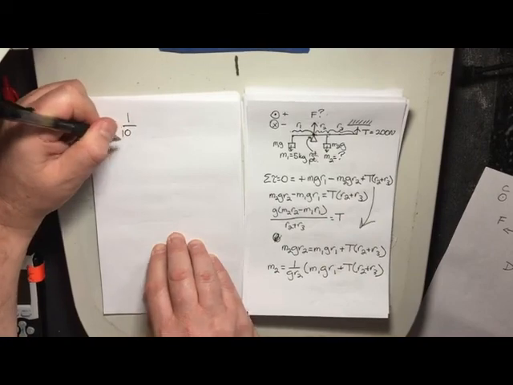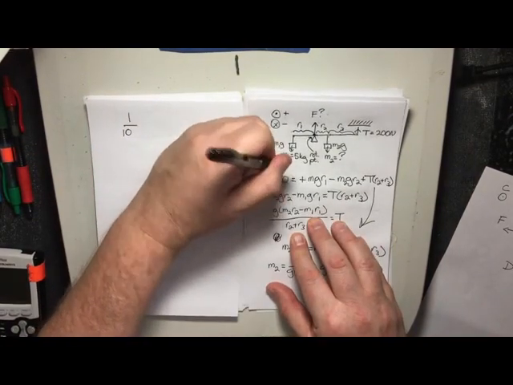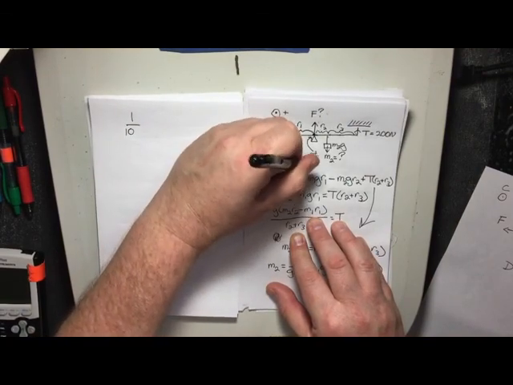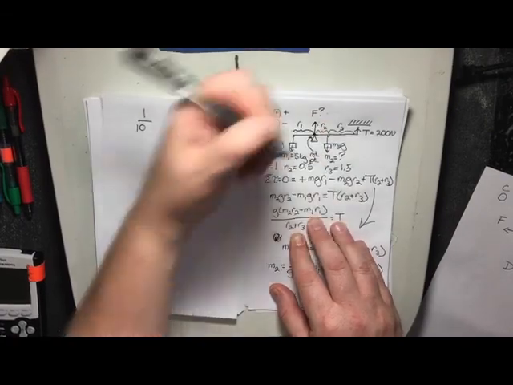Oh, I need values for R1, R2, and R3. R1 is 1, R2 is 0.5, R3 is 1.5.